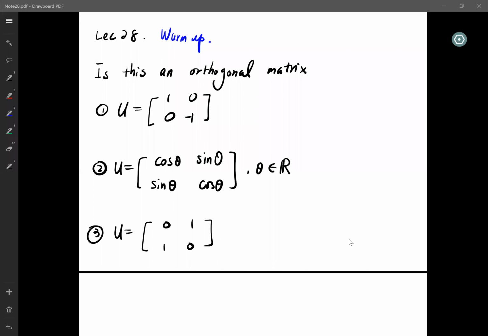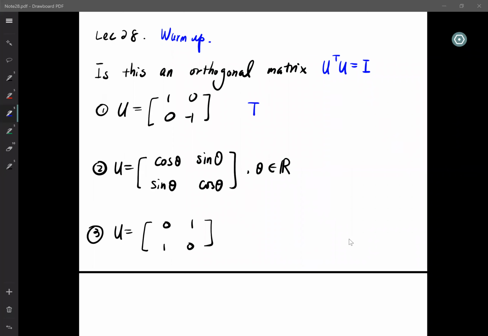Okay, the first one, most of you think this is true. That's yes. Because remember, if you want to check whether it is an orthogonal matrix, all you need to do is to compute whether this is identity, in this case I2.